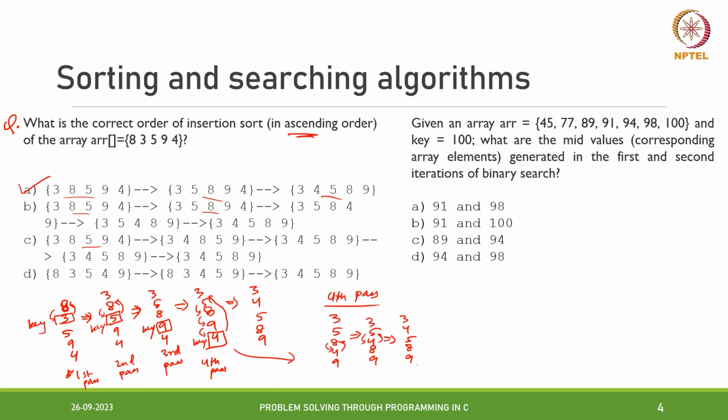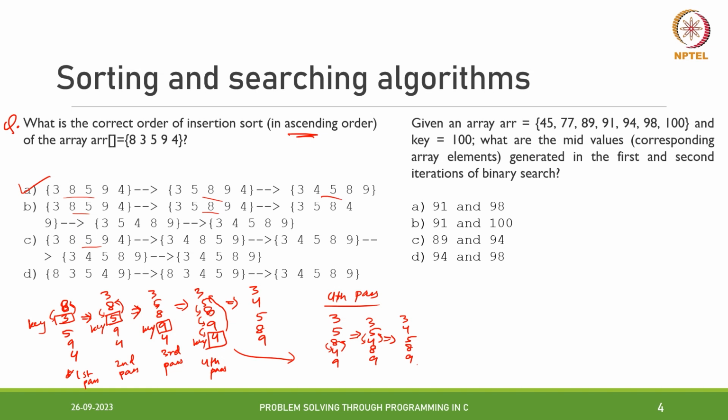So all these 3 steps of swapping will come under the fourth pass itself. It will not be a separate step on its own. When we are writing the insertion sort, we are saying this is the first pass, second pass, third pass, fourth pass, and so on. So all this swapping constitutes the fourth pass itself.